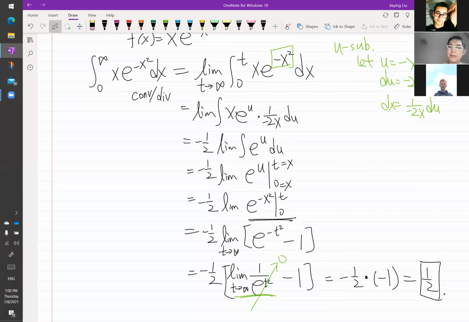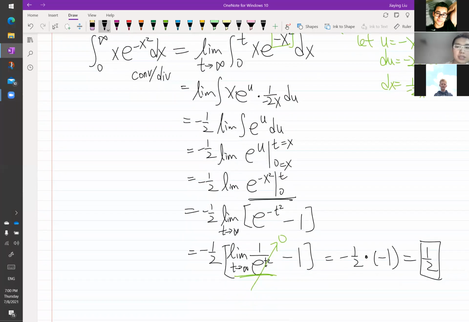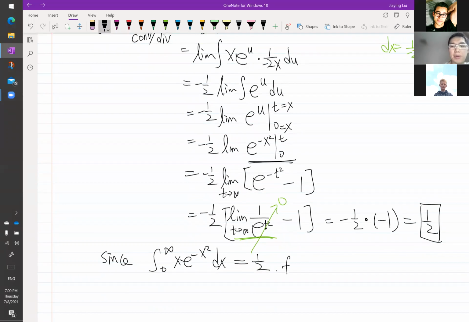This tells us that the limit of the integral is 1/2, which is finite. So the integral that I'm trying to find using the limit definition gives 1/2. So it's a finite number.